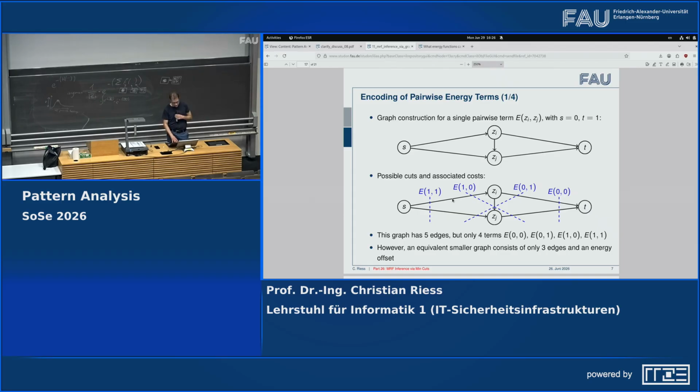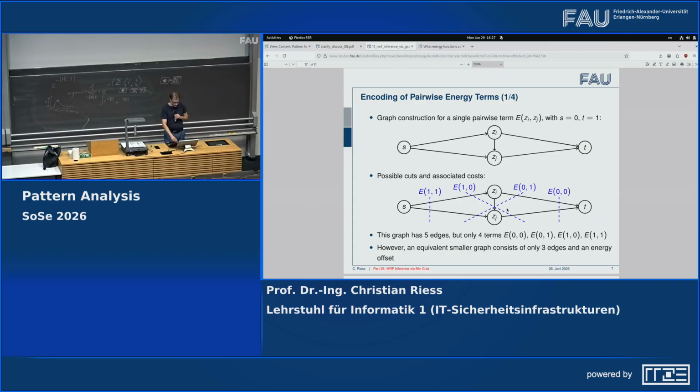And if I count the edges, I have 5 edges, but I have only 4 numeric values that I could possibly assign, like these 4 energy terms. So it's underdetermined. If I try to come up with a linear system of equations to solve this, then I'm missing one value. So it doesn't work.